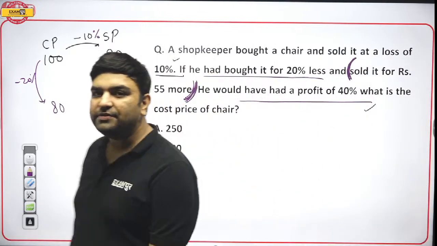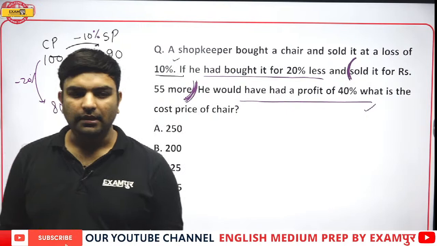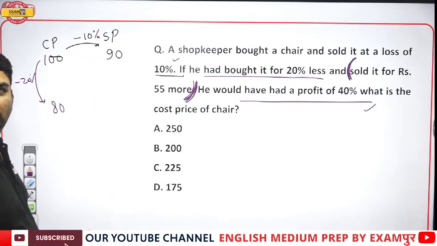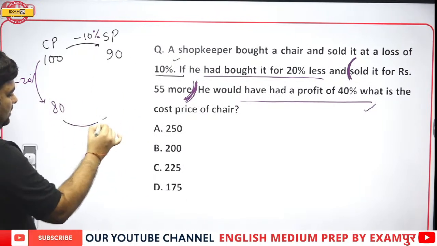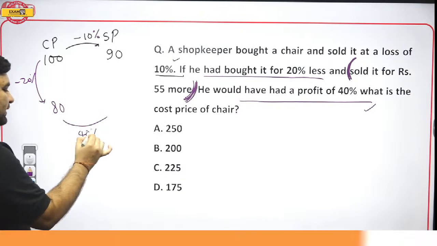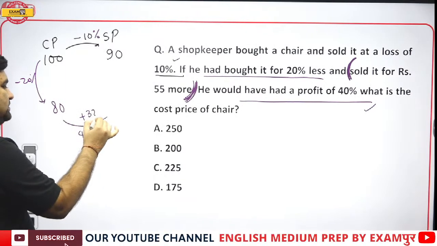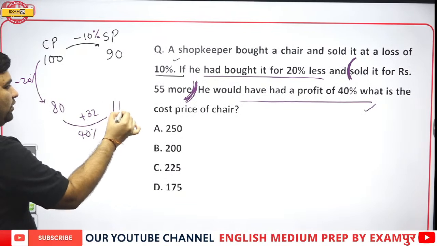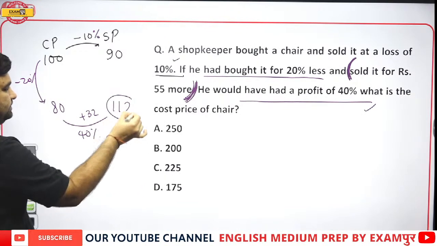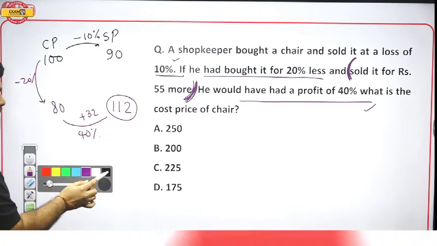What is 40% of 80? 32. So basically, he has sold it for 112.